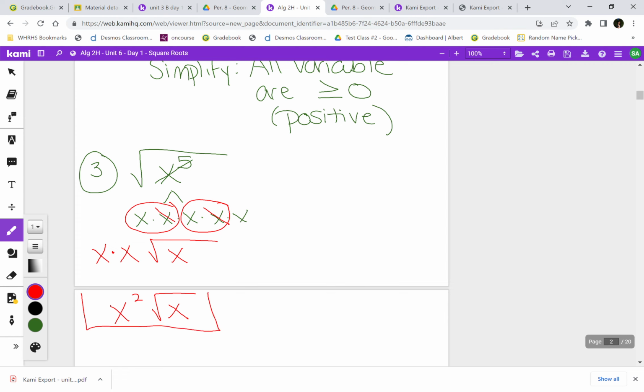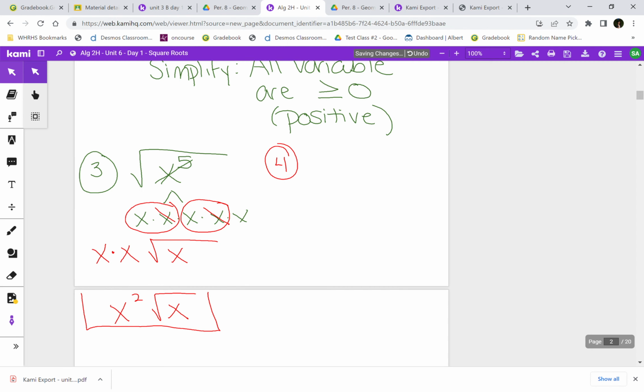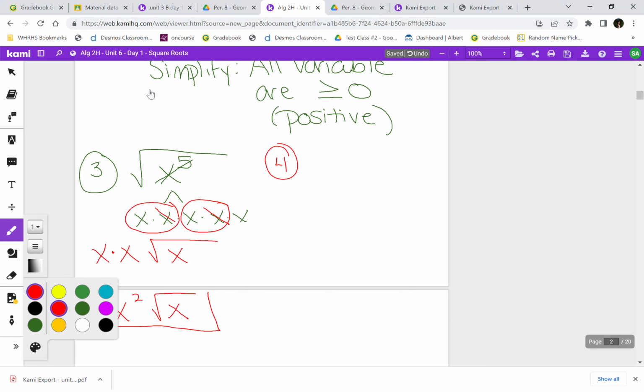All right, there's going to be a shortcut here. Let's do another one. Let's say I have the square root of x to the 8th. Isn't that 8 x's?